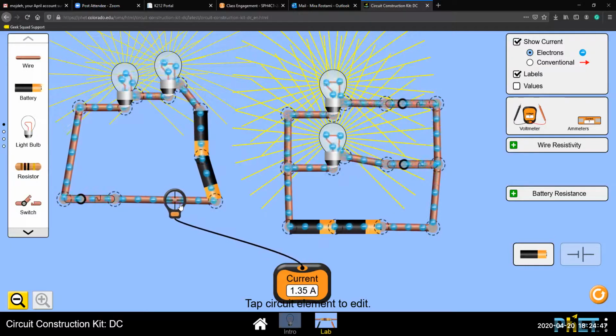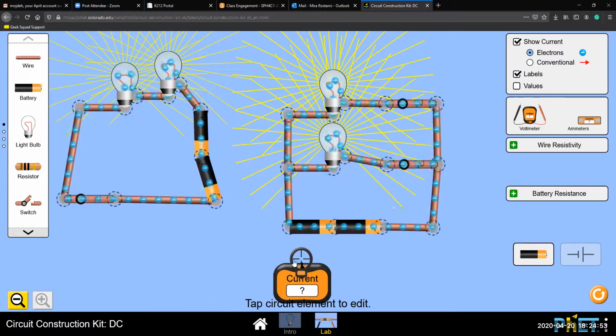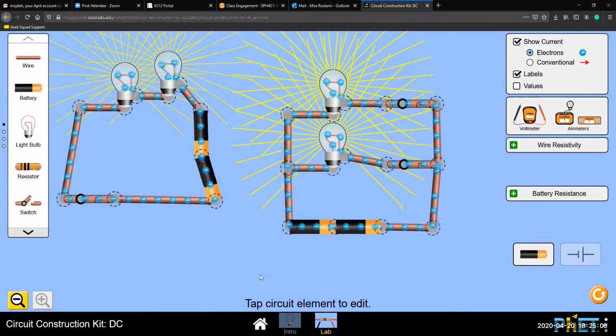Here, no. Everywhere I bring, I get the same number. So same current for a series circuit, different voltage. Here, same voltage, different currents, okay? So that is the difference between a series and parallel.